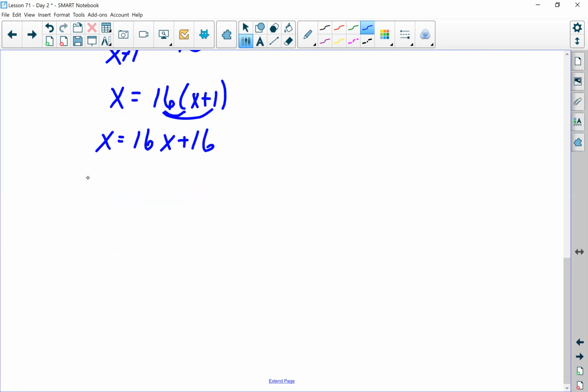Subtract the 16x from both sides. Divide by negative 15.